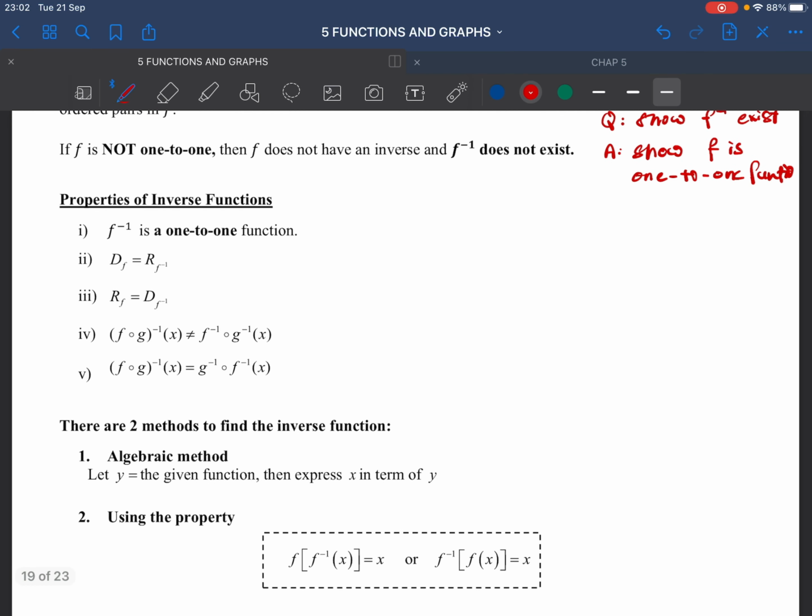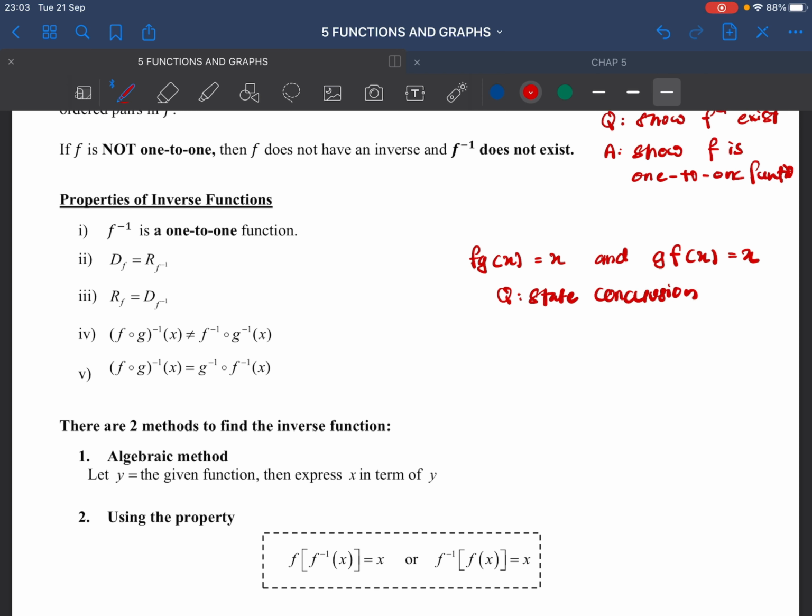So here are the properties of f inverse. Macam ini apa yang saya cakap, f inverse is a one-to-one function, and then both of these apa yang saya cakap tadi, and then ini ialah composite kita lah. Alright, so let's say the question gives you f composite g of x is equal to x and g composite f of x is equal to x. So the question dekat sini dia suruh state the conclusion. What is your answer?